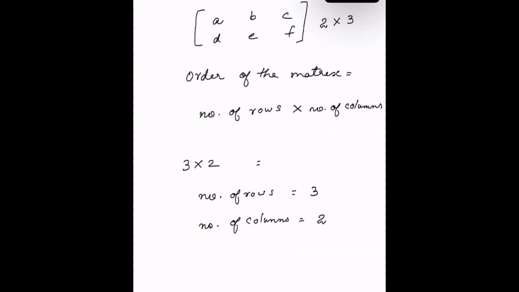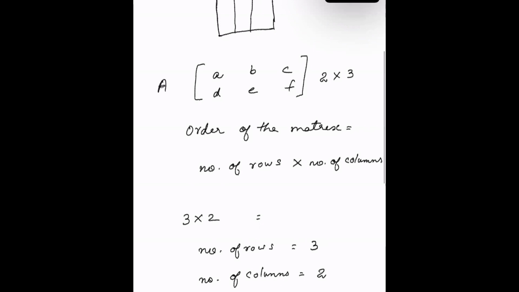Usually matrix names are written in capital letters. So I can write A equal to a matrix, listing out all the elements of the matrix in square brackets.